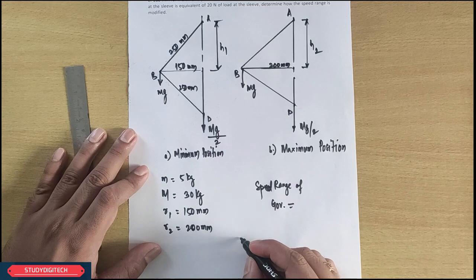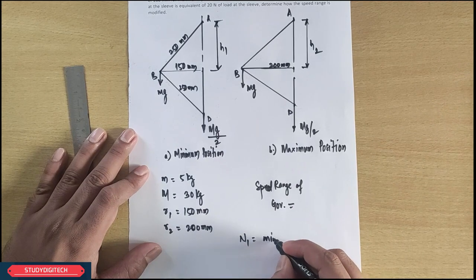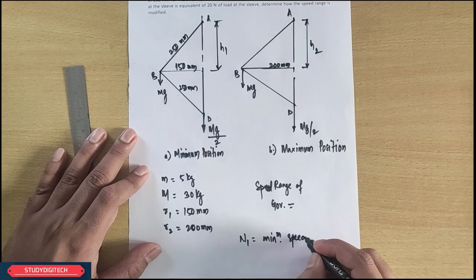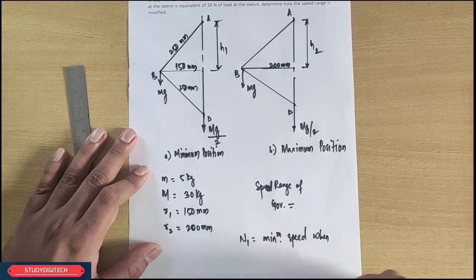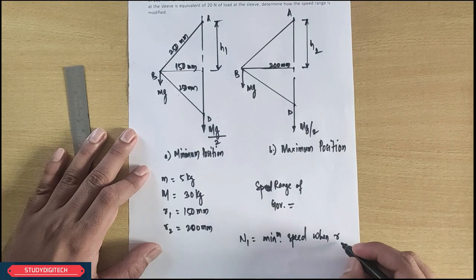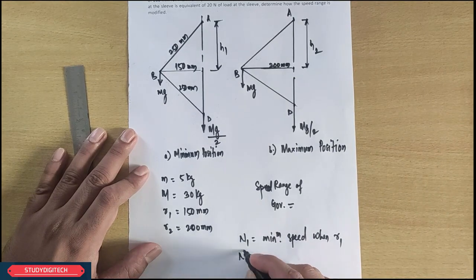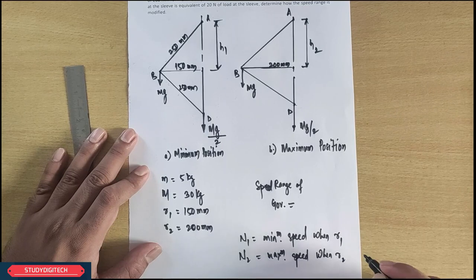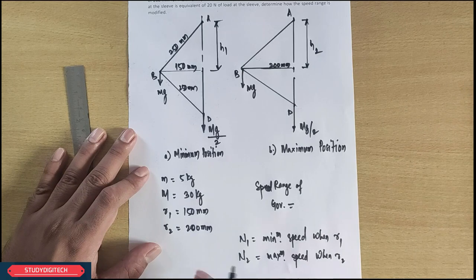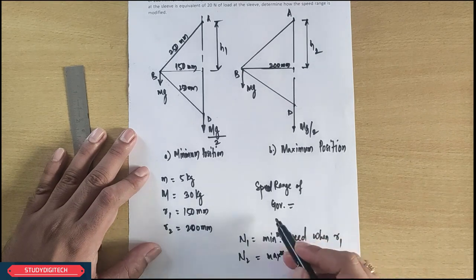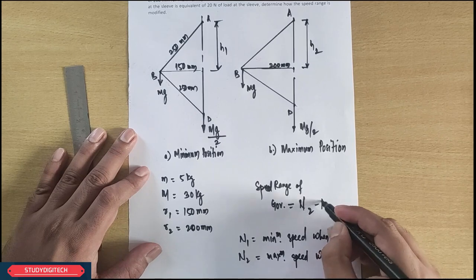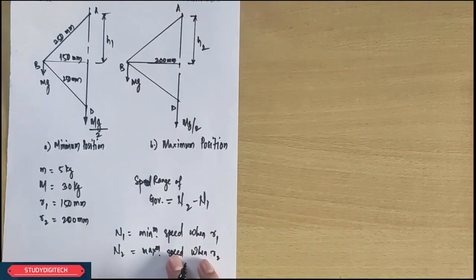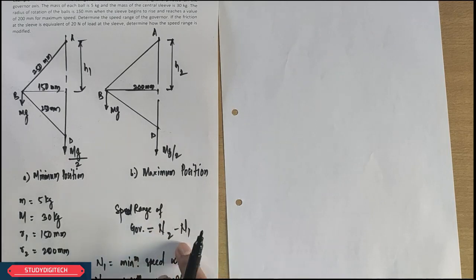So let n1 be minimum speed when the radius of rotation is r1, that is minimum, and n2 be the maximum speed when radius of rotation r2 is maximum. So speed range of governor is n2 minus n1. We want to determine the speed range of governor.